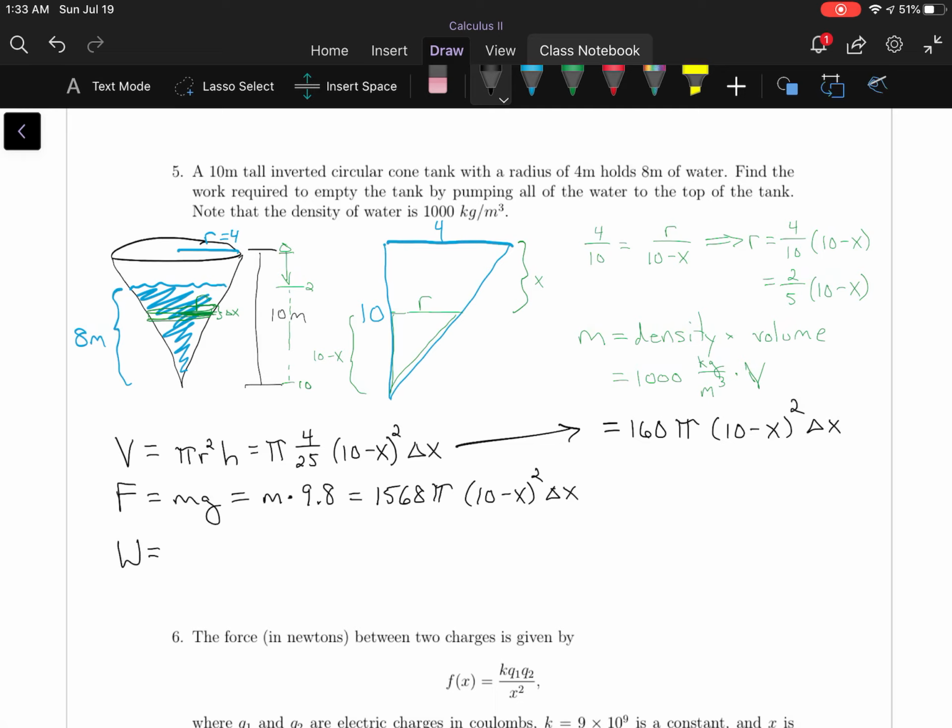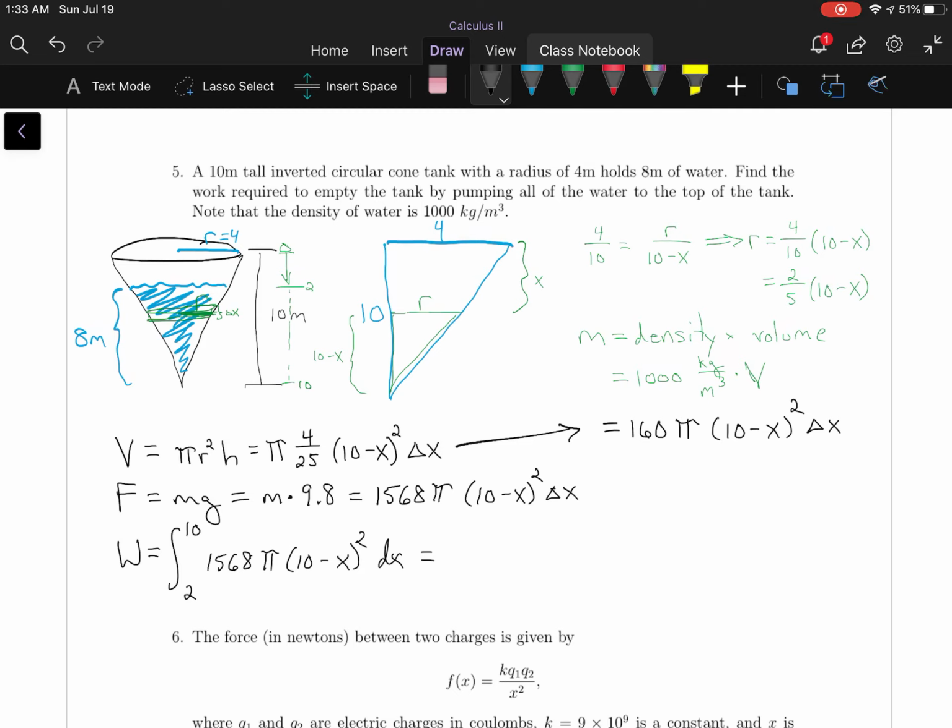And now we need to integrate. So work is going to be the integral again from 2 to 10 of 1,568 pi times 10 minus x squared, and the delta x becomes dx.